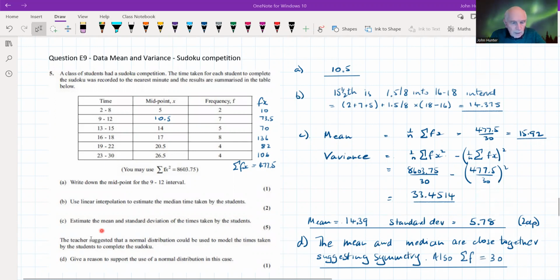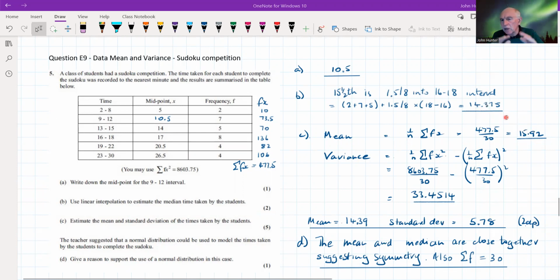Okay, so the teacher suggested that a normal distribution could be used to model the times taken by the students to complete the Sudoku. Give a reason to support the use of a normal distribution in this case. Well, first of all, I think we'd say that the mean and the median are similar, probably similar enough.